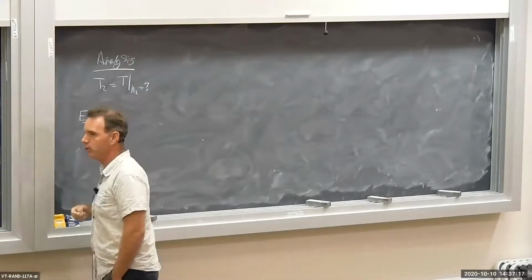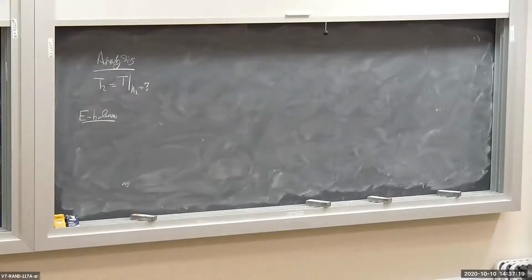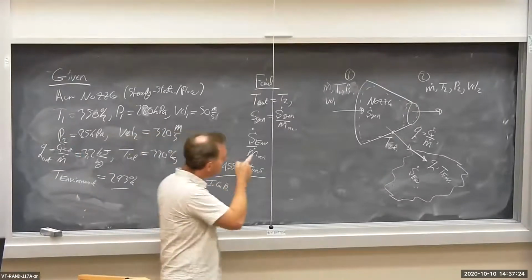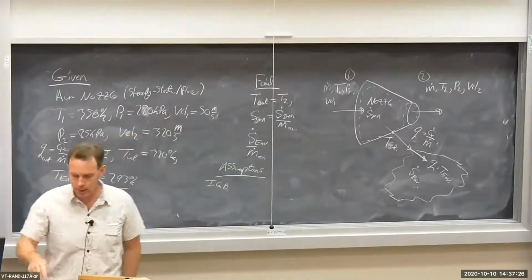This is an open system, by the way. We have a single inlet, single outlet. So this is definitely an open system. So we're going to be using our open system energy balance.